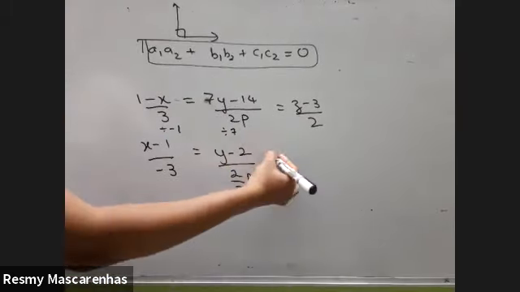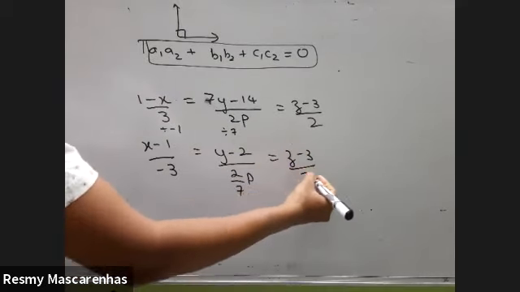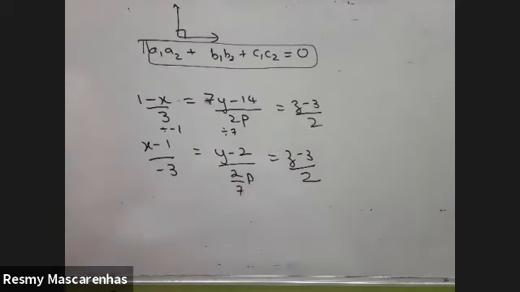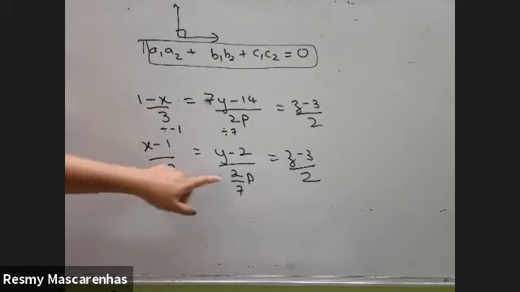And this will be straight away that. 14 upon 7 will be 2. And then the denominator also I have divided by 7. Now these are my direction ratios of the first line.